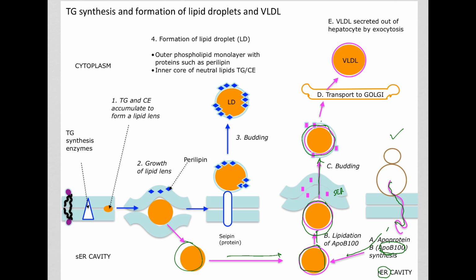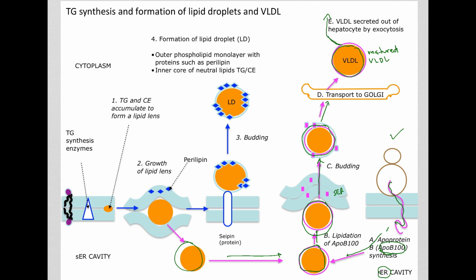This newly made lipoprotein particle is then transported to the Golgi, and in the Golgi, the lipoprotein particle, in this case the VLDL, is matured. It takes in more apoproteins, maybe more lipids, and then from the Golgi, it will be excreted out of the liver cell. Remember, it's not stored in the liver cell.